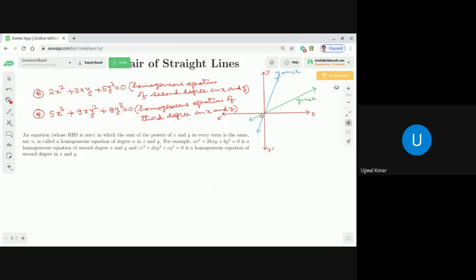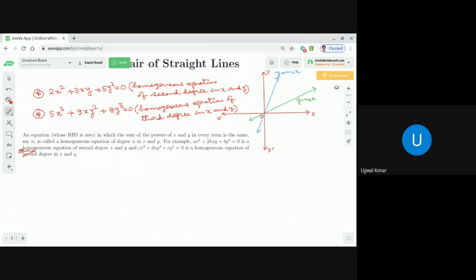For example, ax square plus 2hxy plus by square equal to 0 is a homogeneous equation of second degree in x and y. Then cx cube plus dxy square plus uy cube equal to 0 is a homogeneous equation of third degree in x and y. Sorry, I wrote second degree here by mistake. It should be third.